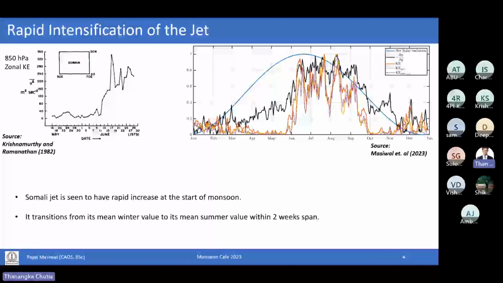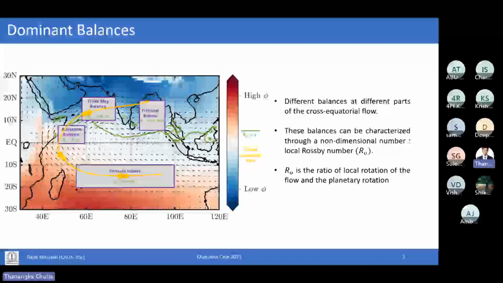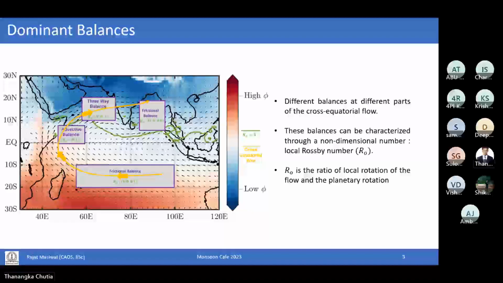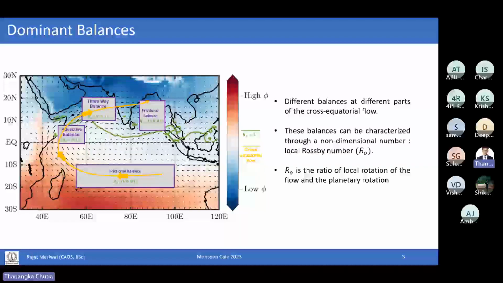Is it a frictional balance at Rossby number? At what level are you talking about? So this is in the boundary layer. The jet is mostly in the boundary layer, and we are talking about 19 hectopascal, where the jet shows its maximum strength. Friction between the surface and the jet, yeah.